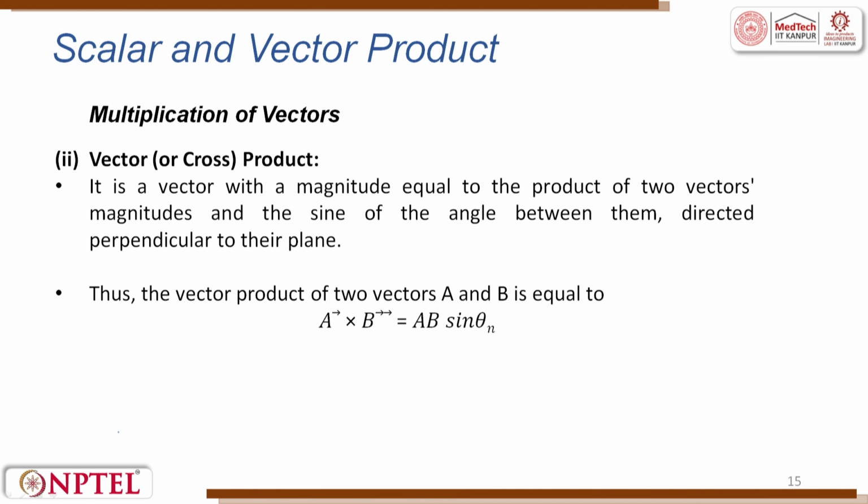It is a vector with a magnitude equal to the product of two vectors and the sine of the angle between them, directed perpendicular to their plane. So, thus the vector product A vector cross B vector is nothing but AB sin theta n. So, this is important, n is normal, perpendicular to the plane.